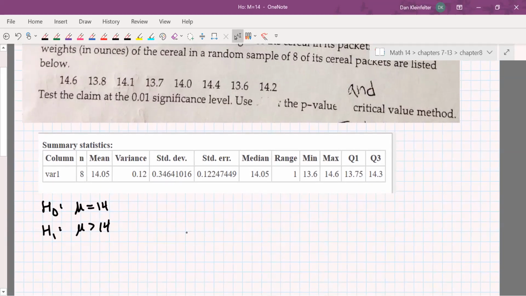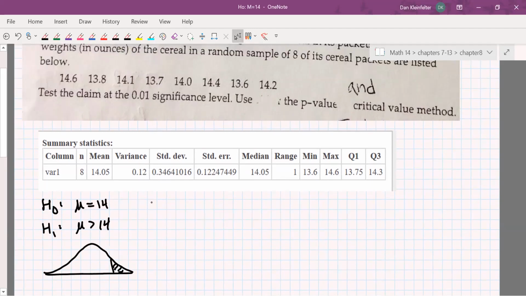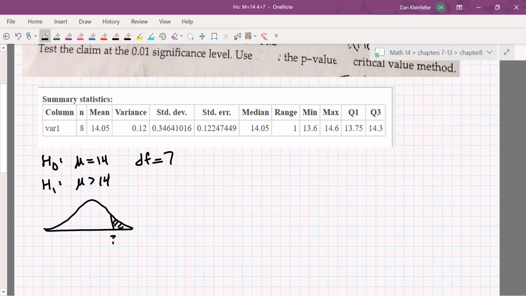Okay, so then critical value. This will be a right-tailed test. We don't have a population standard deviation, so we will be using t. Our degrees of freedom is going to be 7. So then let's go get our critical value for that.